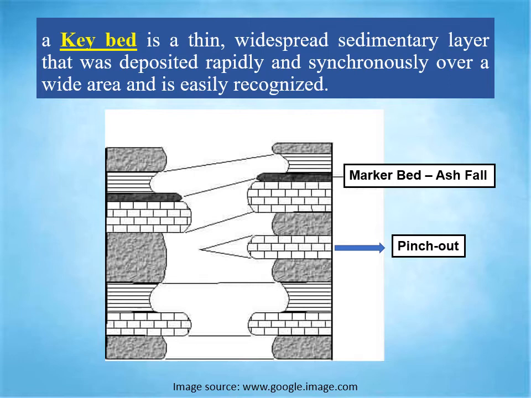And those units which indicate an abnormal event that takes place at some interval of time, due to which that particular rock layer is deposited, we call them a marker bed or key bed.